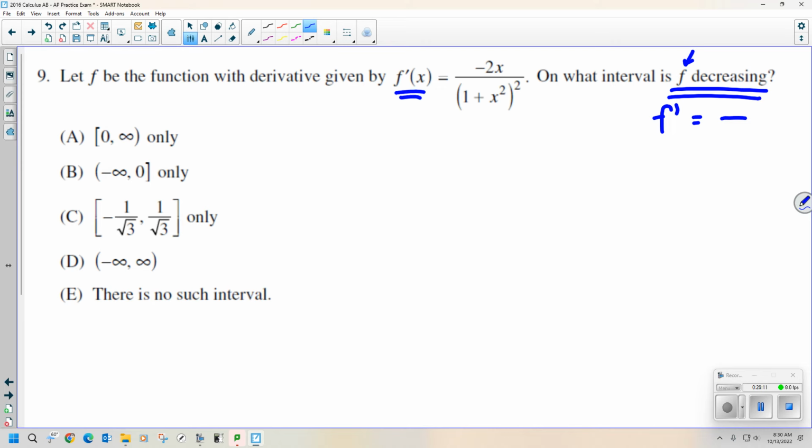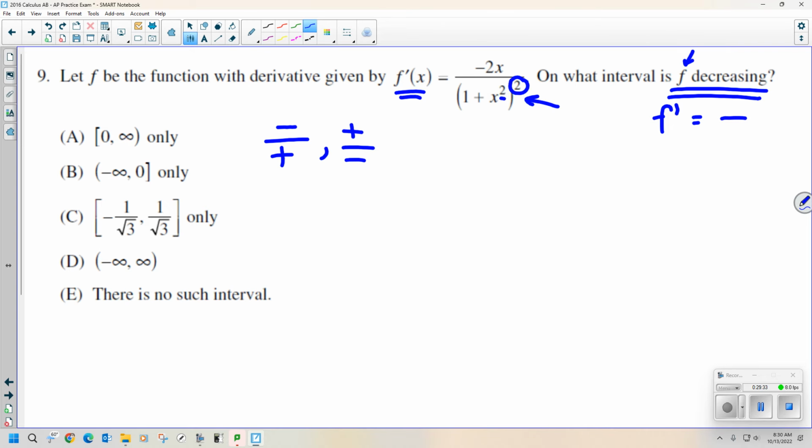This is the derivative. A fraction is only negative when you have a negative divided by a positive, or if you have a positive divided by a negative. This kind of tests your numeracy. Look at this denominator. This denominator, because it's squared, will always be positive. Always.